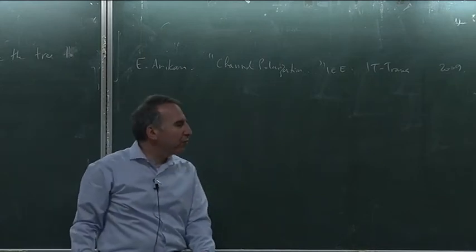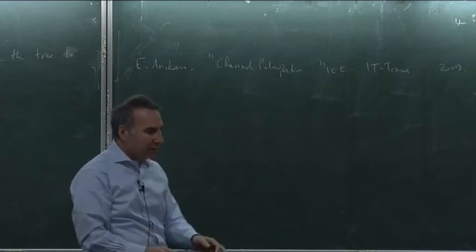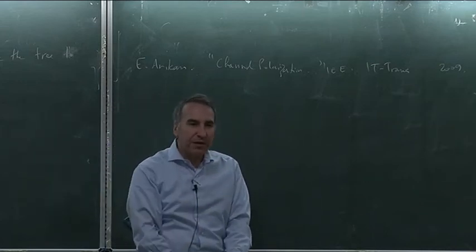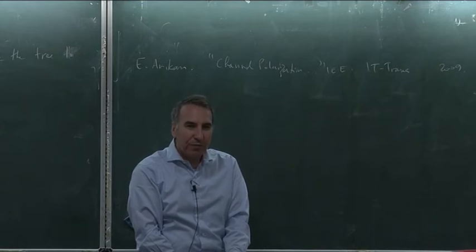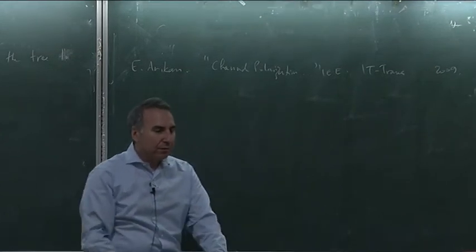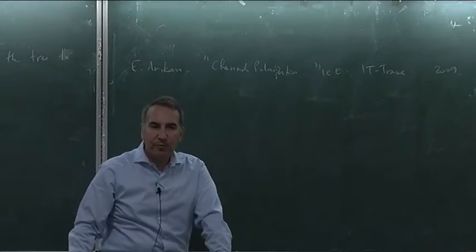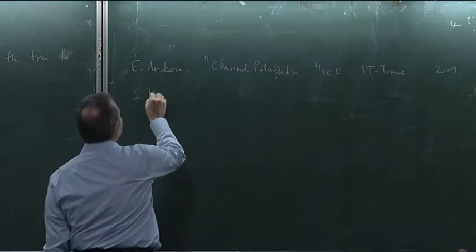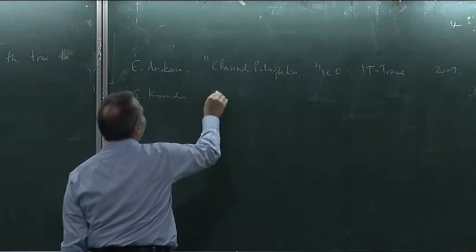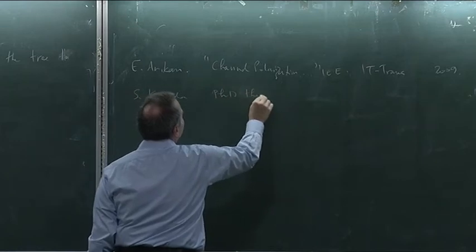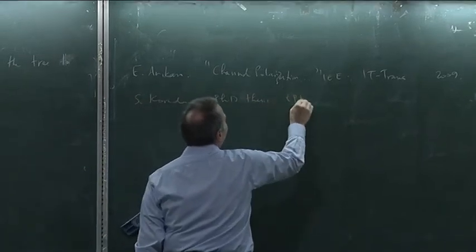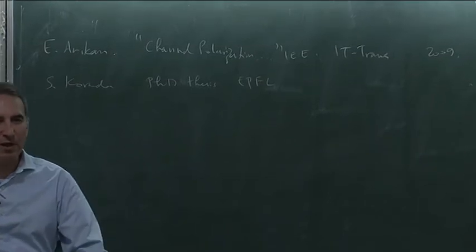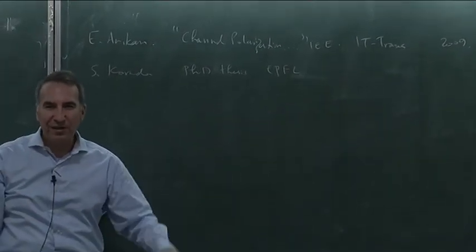Now, for reference material, one can take a look at the introductory chapters of a couple of PhD theses, one by Satish Korada at EPFL. If you just type EPFL PhD thesis Korada, it'll come up.